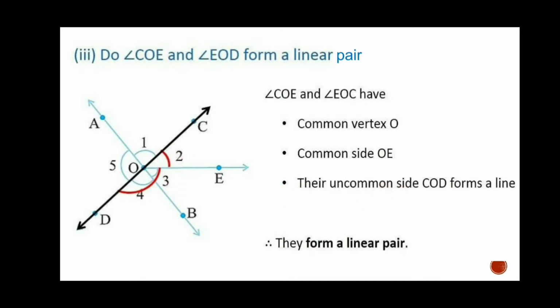So yes, we can say that these angles form a linear pair. Now children, when we do such types of questions, we have to focus on the diagram very much. We have to look at it very carefully and understand which angle is asked. I hope all these three parts are clear to you.